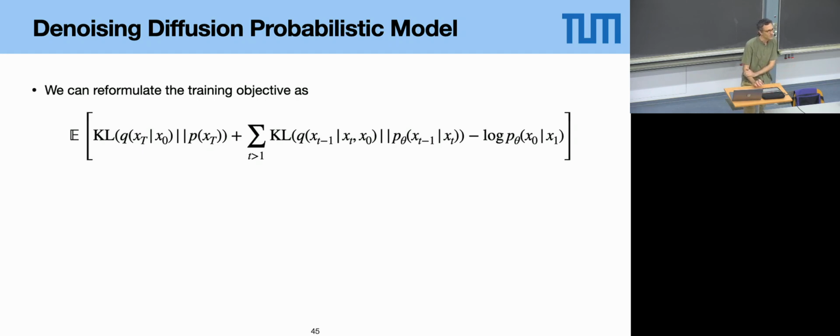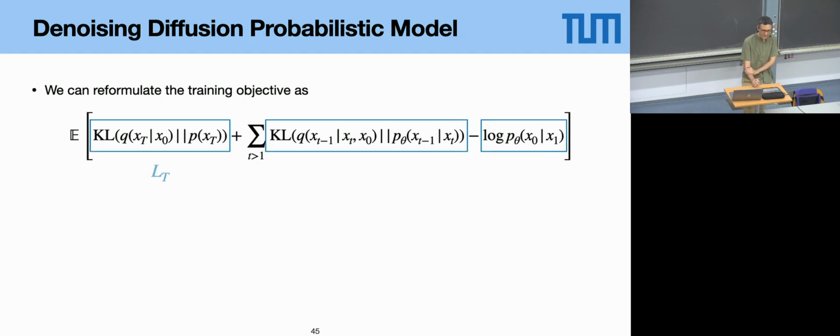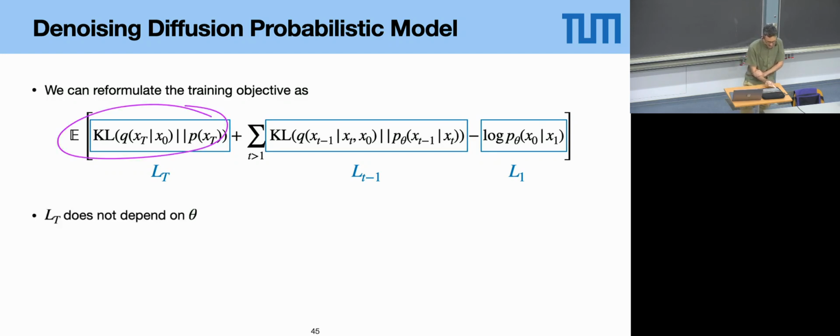Doesn't look much easier this way, but if we look at what is contained in these 3 loss terms, first of all, we notice that the first term here, the LT, does not depend on theta. So that does not influence training, this reverse distribution that we're aiming for.